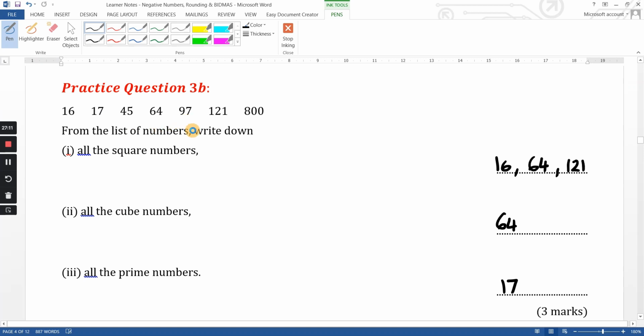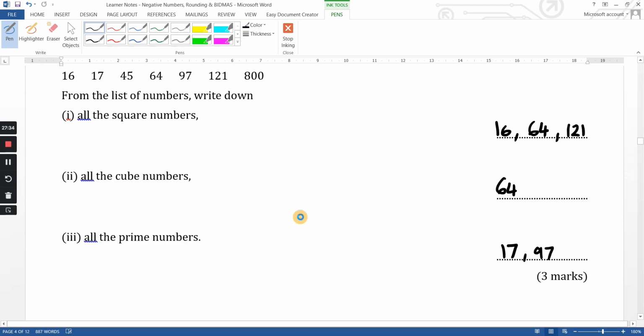And 97, that's a prime number as well, isn't it? Can't divide 97 by anything apart from itself and 1. And that's it. All the other numbers you can divide by various things. So there's your answer.